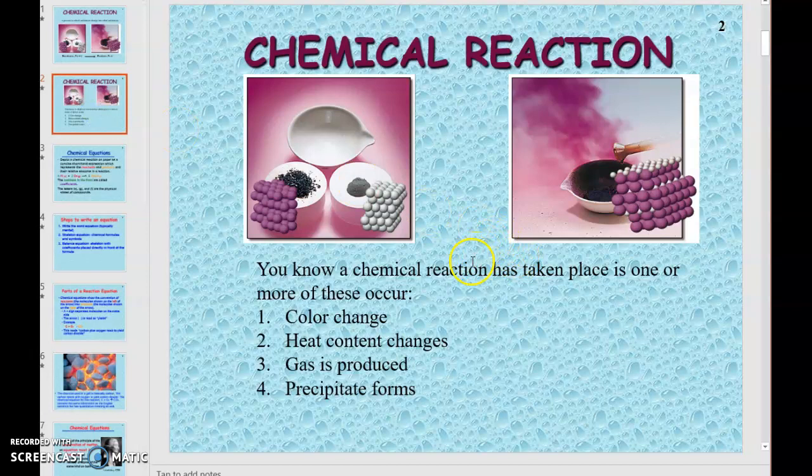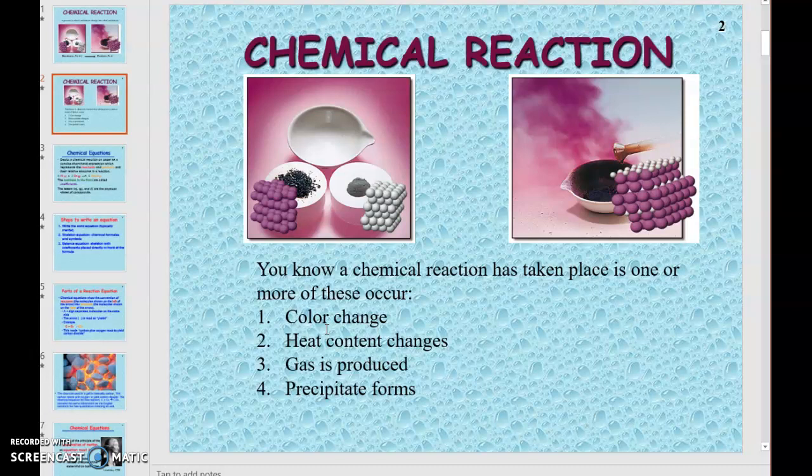All right, so a few ways you can tell that a chemical reaction has taken place. You might see a surprising color change, and when I say surprising, I mean a color change that's not predicted. Like when you mix colors of paint in art, if you mix yellow and blue, you get green.